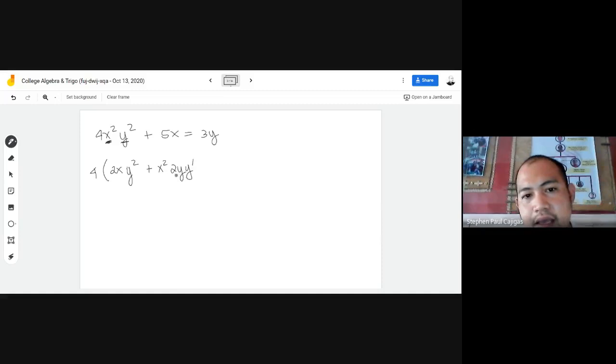So we took the derivative of y squared, that is 2y, and because we are getting the derivative of y with respect to y, then we put y prime. Here for x, we did not put a prime because what we are really getting is the derivative with respect to x. So the derivative of x squared is 2x. The derivative of y squared is 2y, y prime.